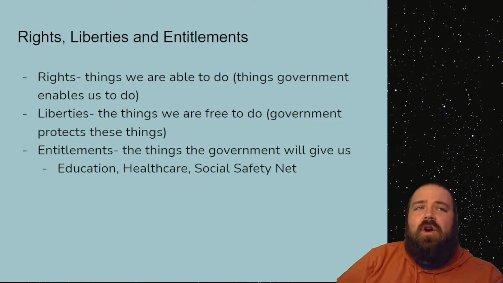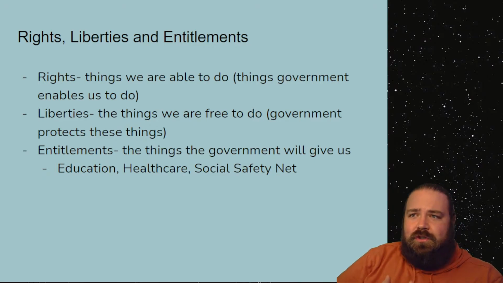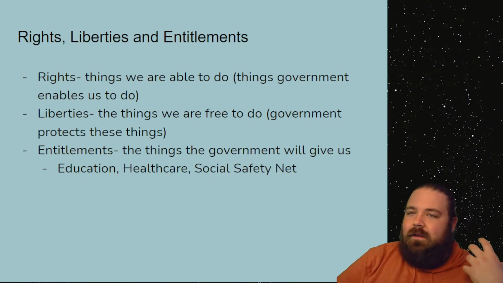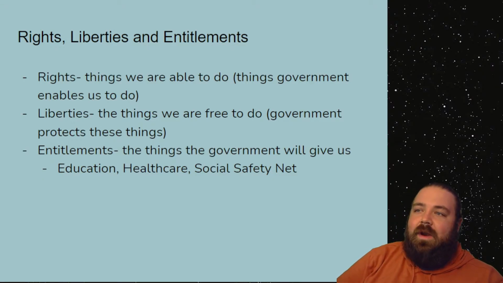When we're talking about a right, what we're dealing with is something that we are able to do, something that we have been enabled to do, that the government actually empowers us to do. The best example for this is the ability to vote. For me, that is the number one example of what a granted right is. Things that the government actually enables us to do.